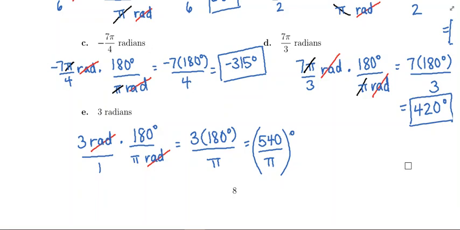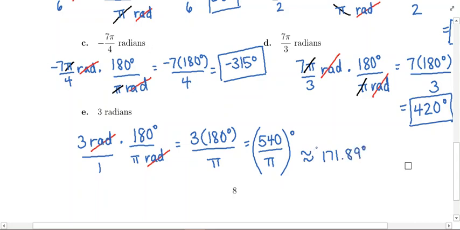So I didn't just put the degree symbol with the 540. I put the number part in parentheses and said all of that is degrees. And then the approximation is going to be 171.89 degrees.